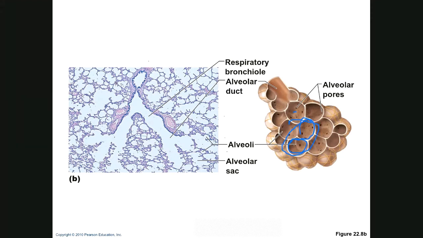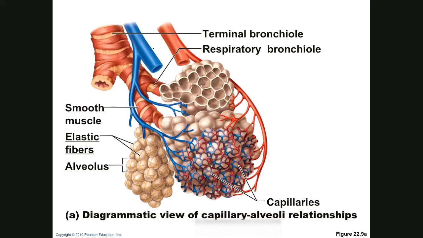And as you look at this next picture, you can see your capillaries have got to cover each of these little alveoli. This is a good picture because it shows elastic fibers around each of the alveoli that pull the lungs back closed when you relax. This is coming off your pulmonary artery.